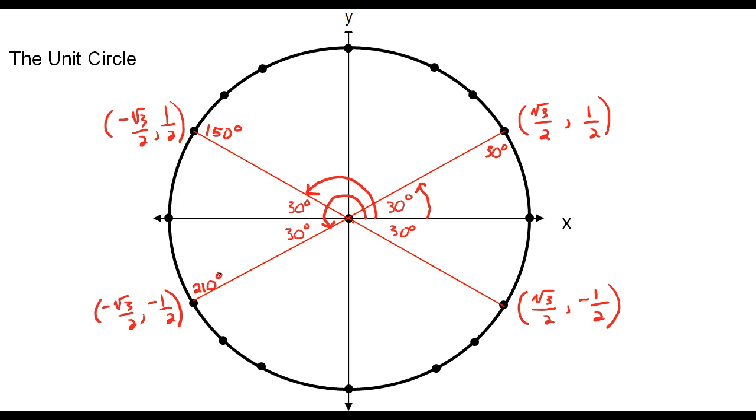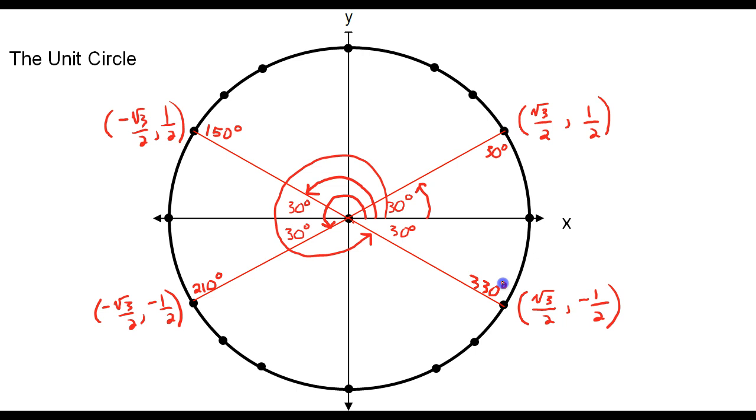Okay, now if we do our last angle, it's going to start here at the x-axis and rotate all the way around and end up here. So that's actually just going to be 30 degrees shy of 360. So this theta would be 330 degrees. So I'm going to just write that here, 330 degrees.